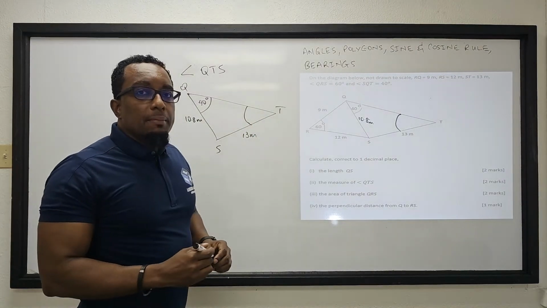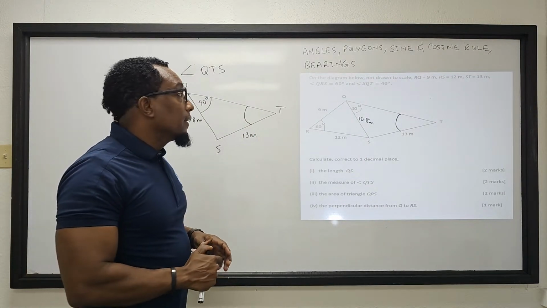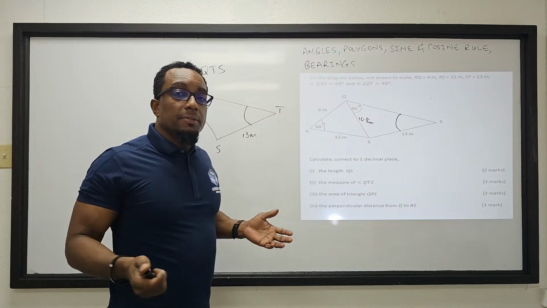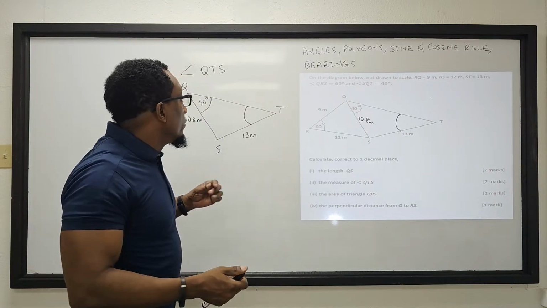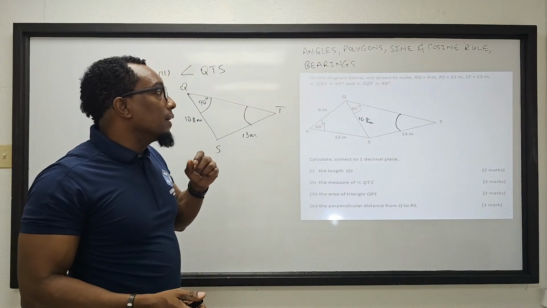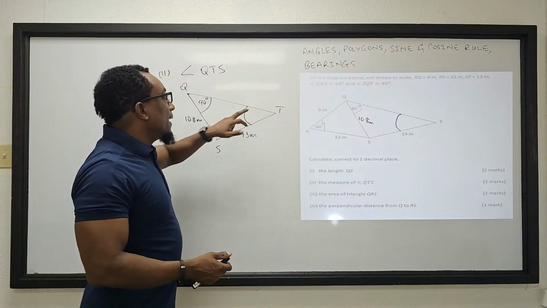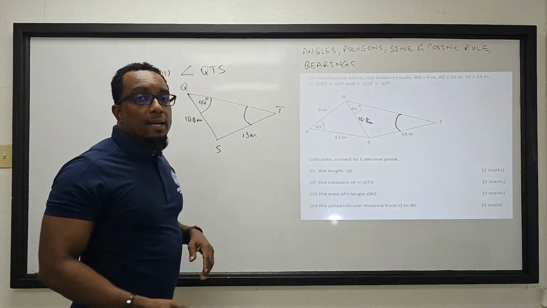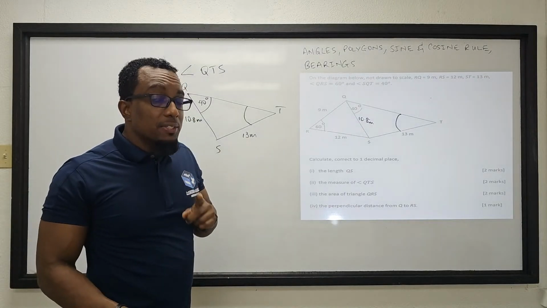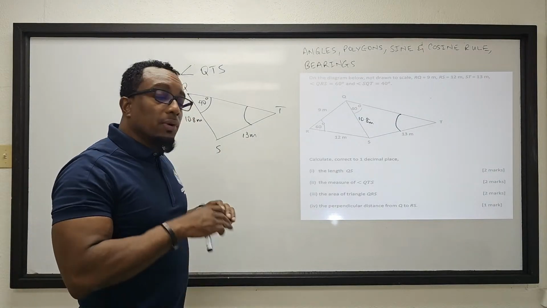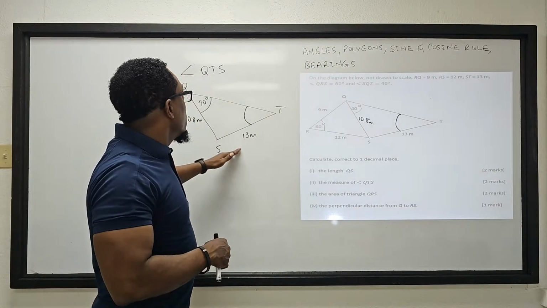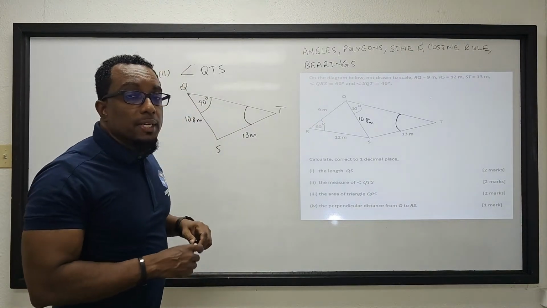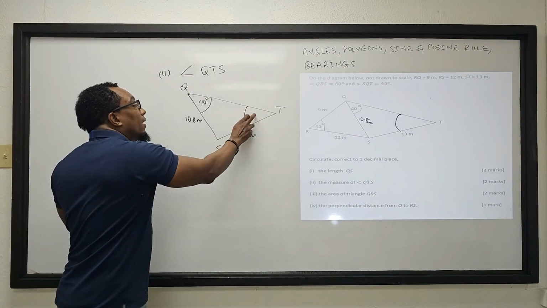This triangle is not a right angle triangle, so clearly it's the sine or cosine rule. We're using the sine rule here because you have to find an angle and you have information for two sides and one angle. The angle is not included, so you know you're using the sine rule to find the unknown angle.